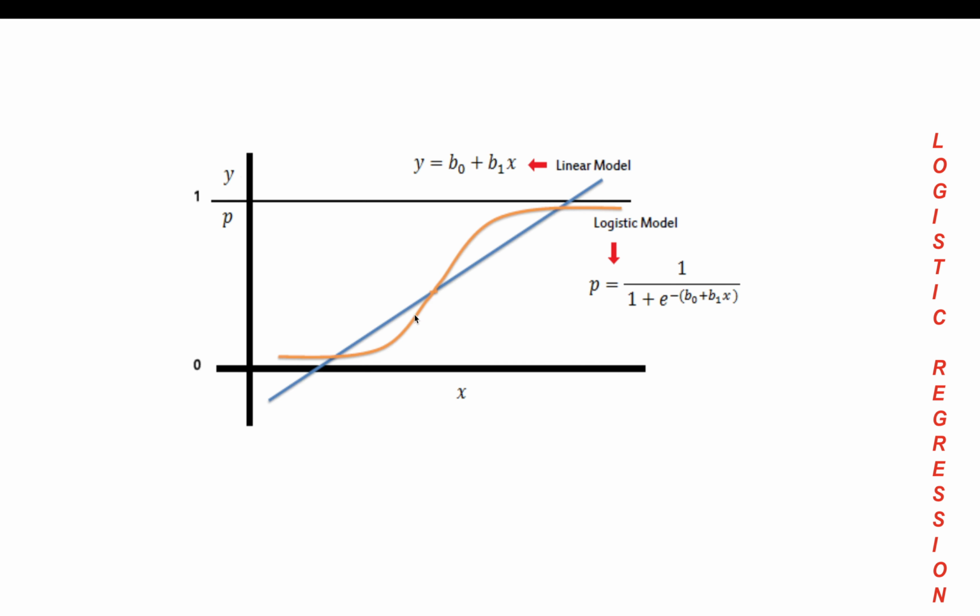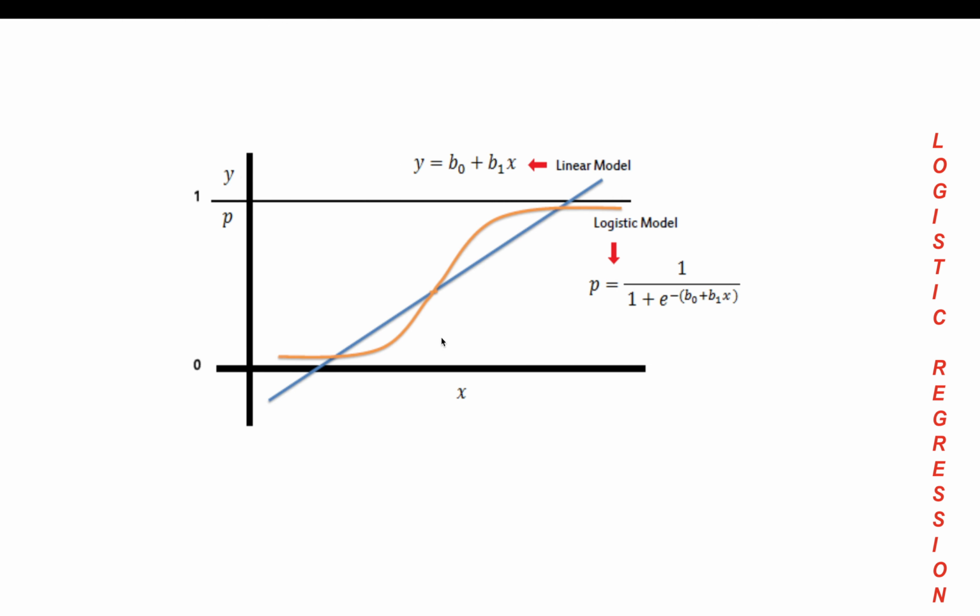Now if you look at this blue line, that is nothing but a linear model line. This is nothing but y equals mx plus c, or y equals theta 0 plus theta 1 x, or y equals beta 0 plus beta 1 x. So basically, you can use different notations to represent it.